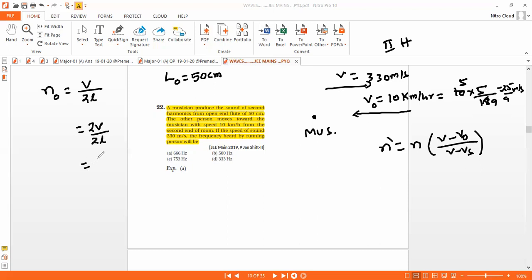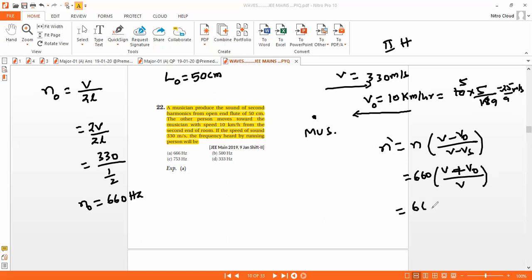So it is 330 by 50 centimeter, that means 1 by 2, so the frequency will be 660 hertz. So 660 times (V minus V naught). The observer is moving in the opposite direction, so V plus V naught.